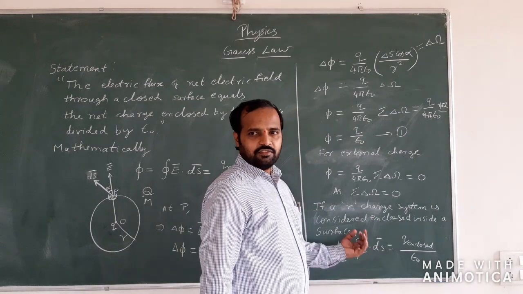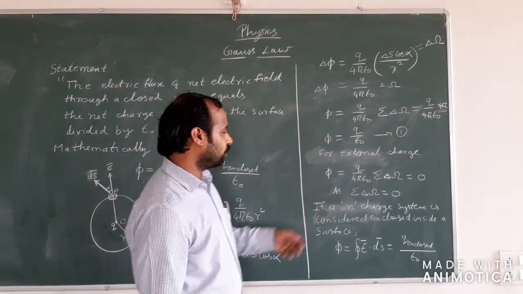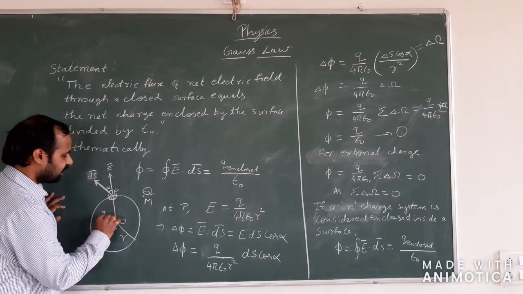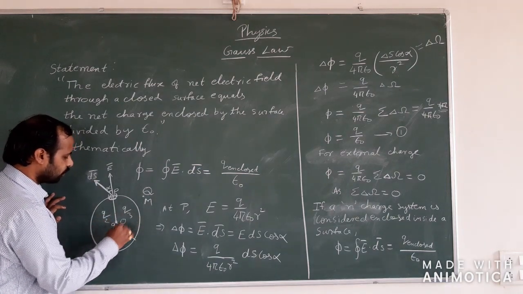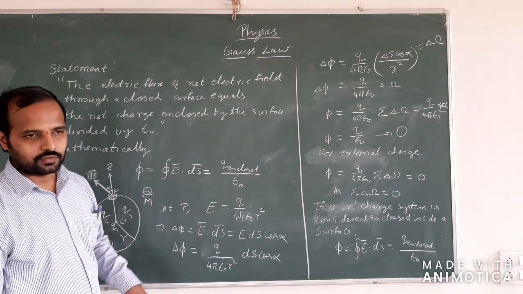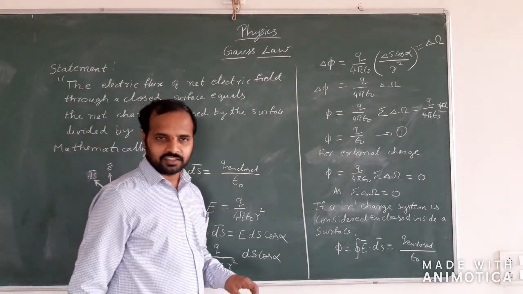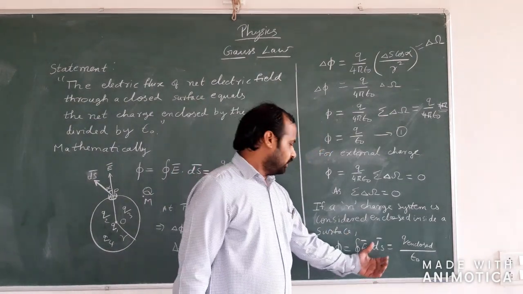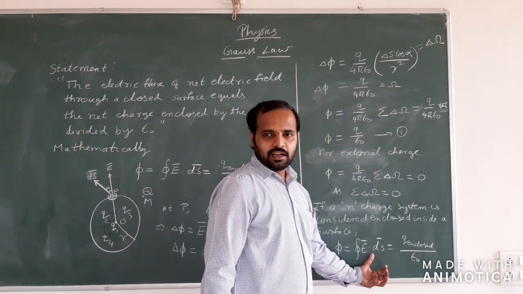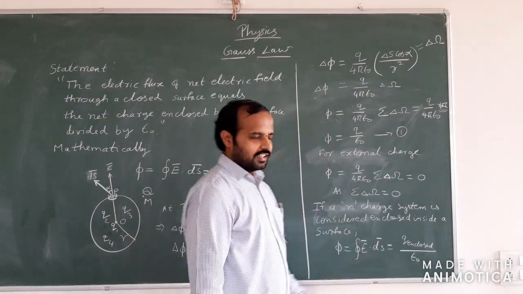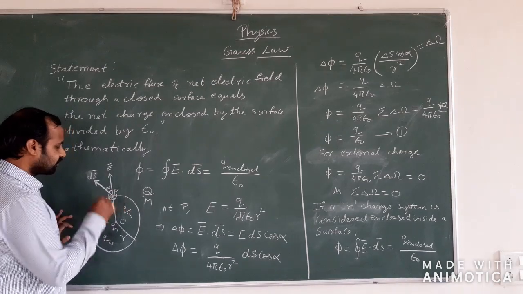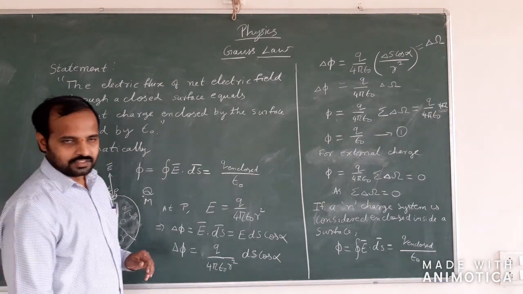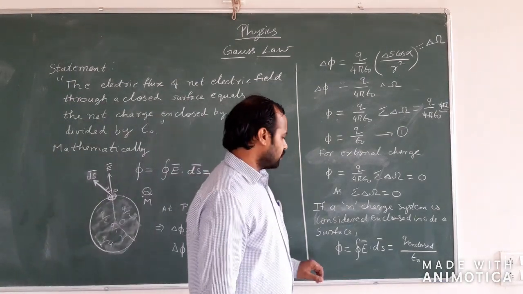Now this was for only a single charge system. Let's say instead of one charge, we have n charges, q1, q2, q3, q4 and so on, enclosed in a particular surface. In such a case, the net flux is the integration of E bar dot ds bar, where E bar is the total electric field at point P due to the entire system of charges enclosed inside the enclosure.